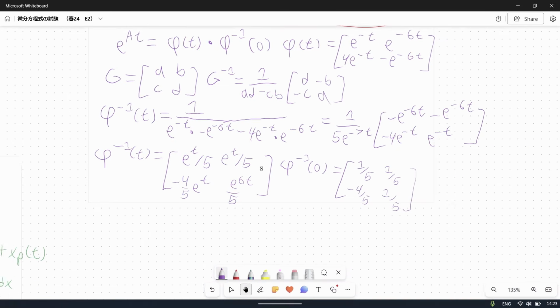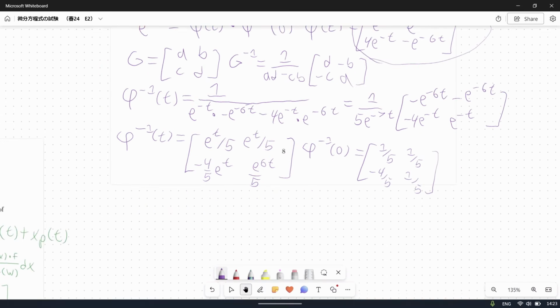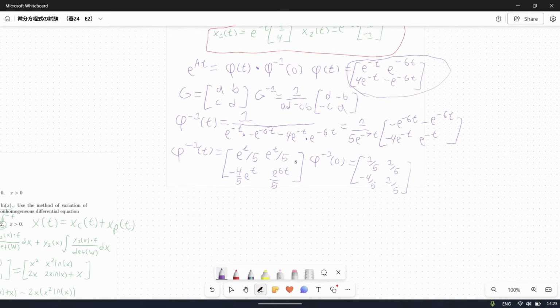And now we can multiply this with our original fundamental matrix, which we have over here. So when you do that, let me set up everything. So ultimately, e to the at is going to be equal to e to the negative t, e to the negative 6t, 4e to the negative t, negative e to the negative 6t, times 1/5, 1/5, negative 4/5, and 1 over 5.